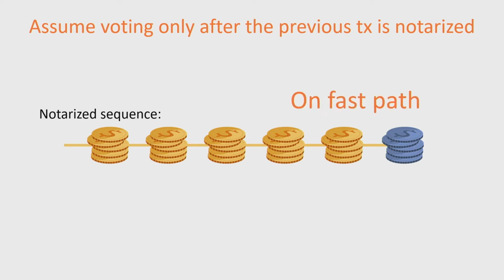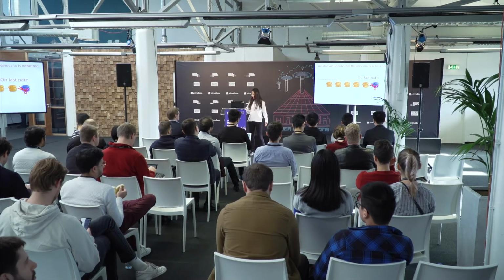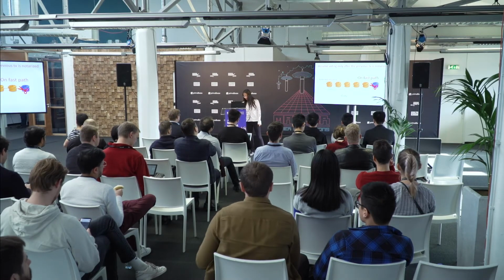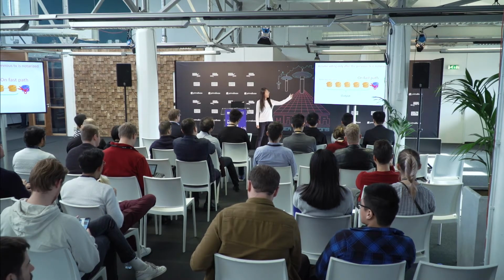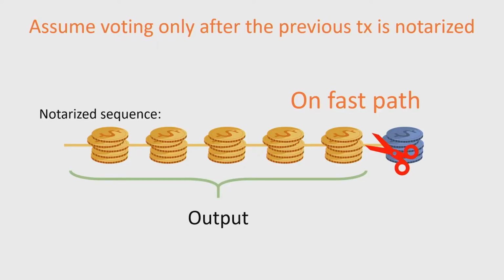And now on the fast path, we need to chop off the last notarized block, the last notarized transaction. Sorry, I use block interchangeably. And I only output the whole prefix without the last transaction.